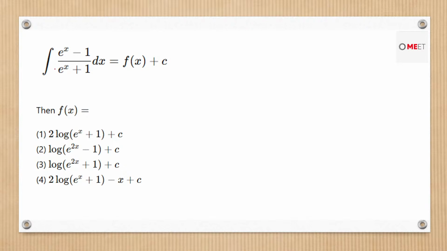Next question. Here it is consisting of totally exponential function. So what we can do is we can split this function similar to the denominator, that is integral e power x plus 1, minus 1.